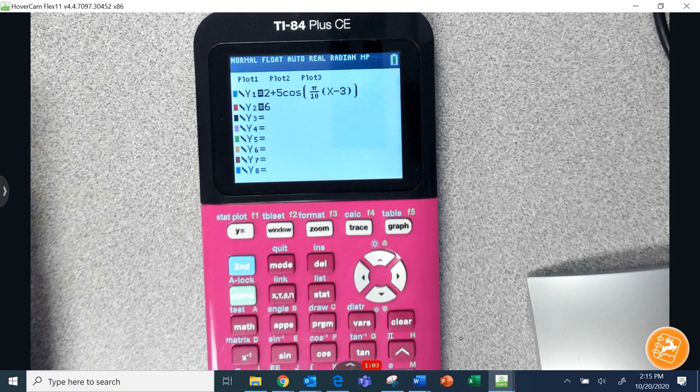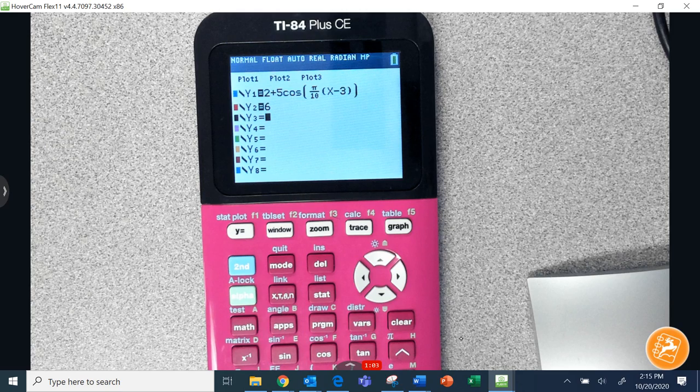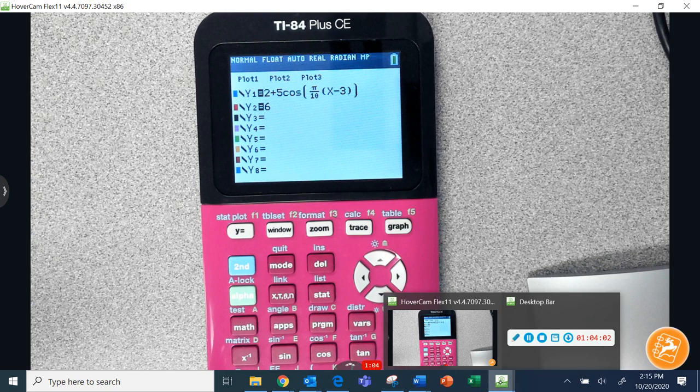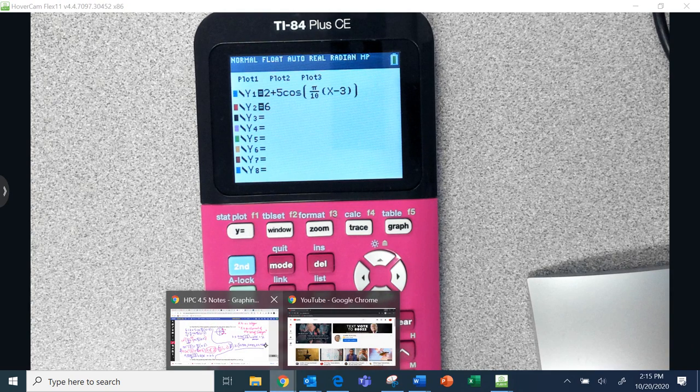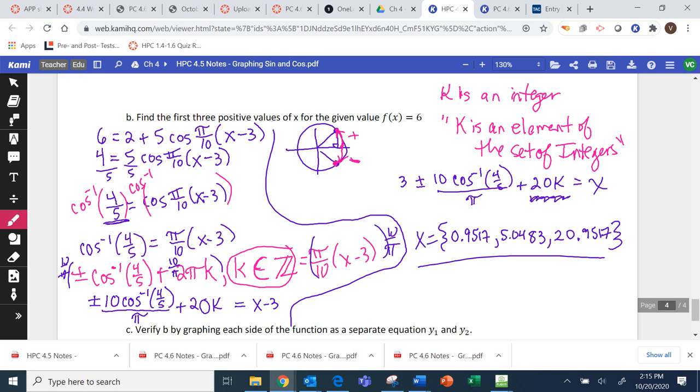And before you go and just hit graph, we want to think about what our window looks like. So if I'm looking at the answers that I got and thinking about my amplitude, let's see, where's my equation?